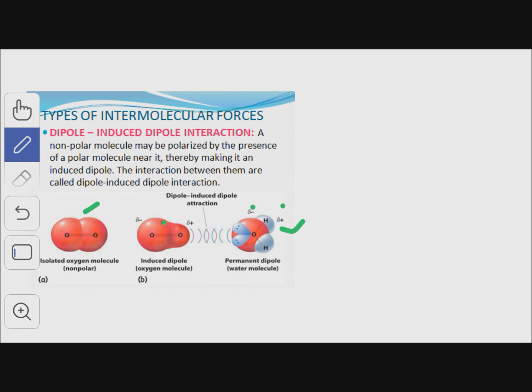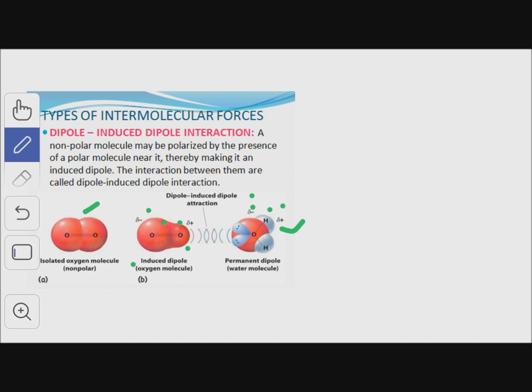And one oxygen carries partial positive charge and the other carries partial negative charge. And this is called the induced dipole. And the interaction between the positive charge of the induced dipole and the negative charge of the water molecule is called dipole induced dipole interaction.